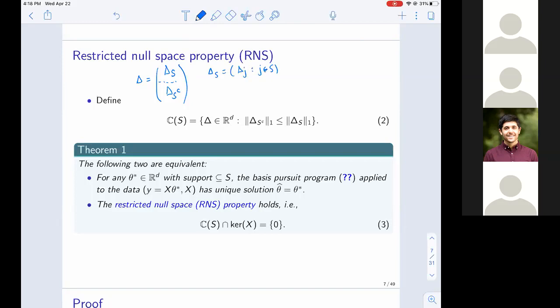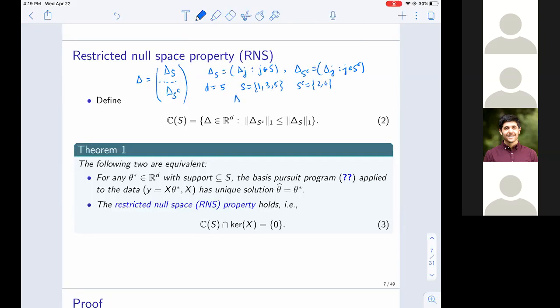Delta sub S complement contains the elements of delta indexed by S complement. They need not be consecutive, but I'm going to write it this way. For example, D could be 5, S could be 1, 3, 5, and S complement could be 2 and 4.